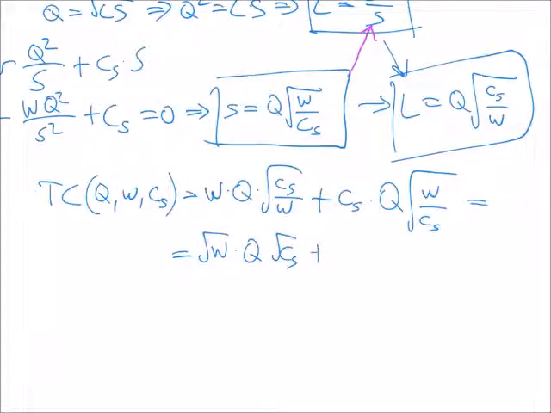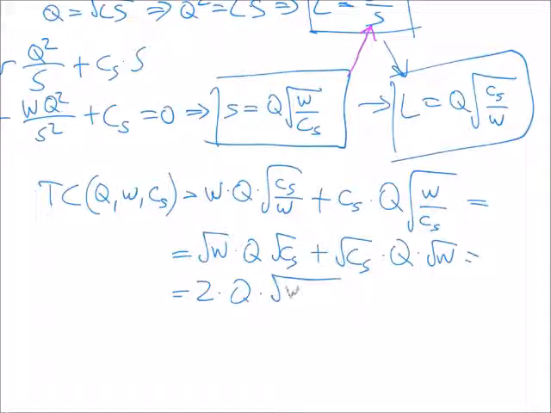Plus, you have a CS, but then in the denominator you have a square root of CS. You get overall square root of CS times Q times square root of W, which is of course just 2 times Q times square root of W times CS. That right there is total cost.